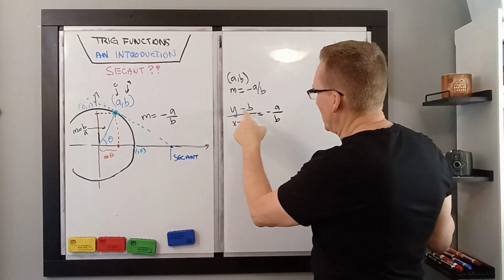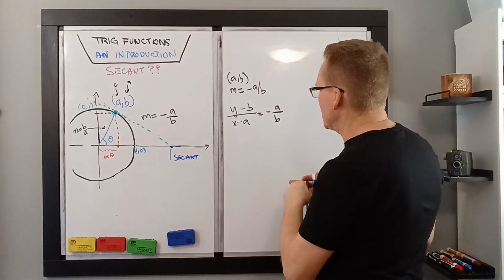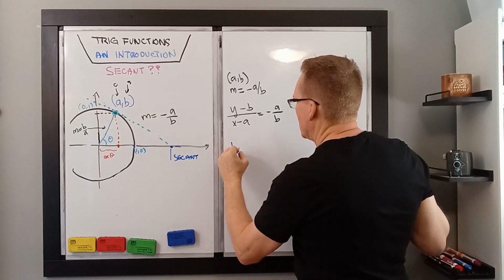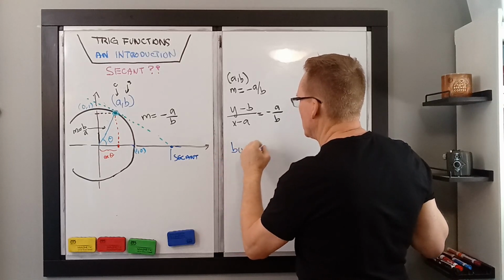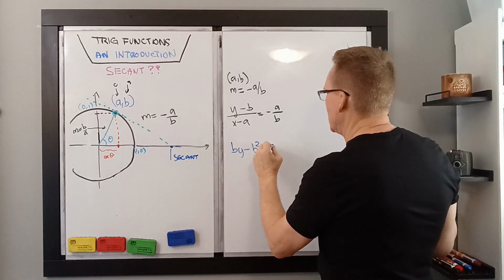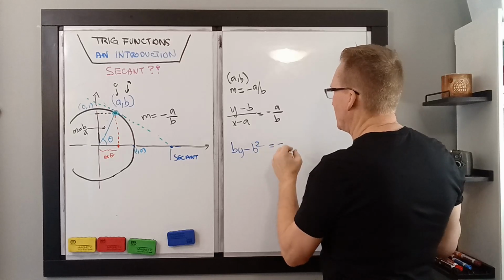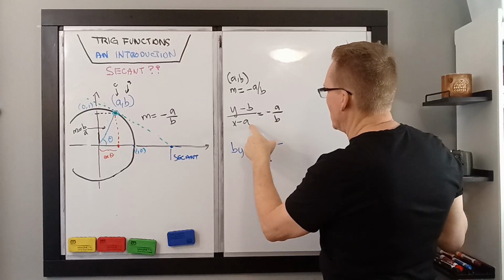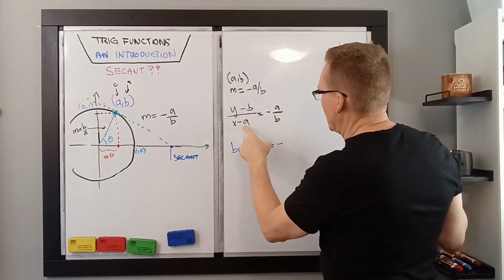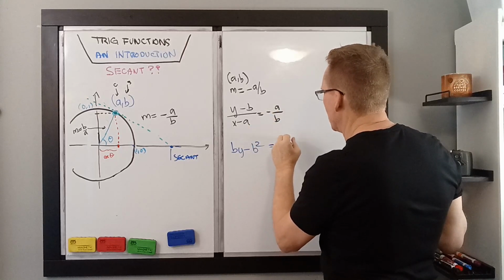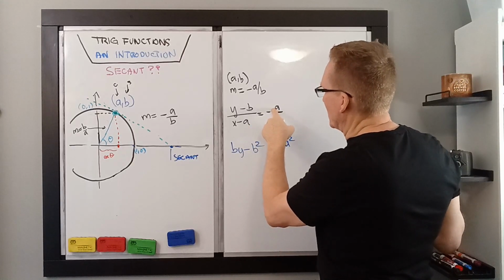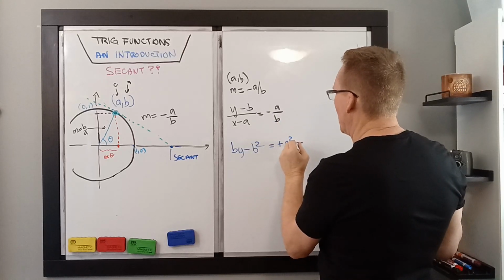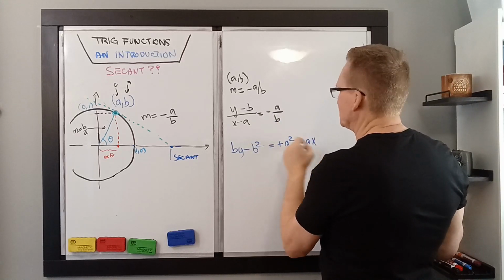Now we cross multiply, and I'm going to get by minus b squared, that's this times this, is equal to negative, I have to have the negative somewhere, so I'm going to keep the negative with the a here. So it's going to be negative times the negative, it's going to be positive a squared, because I'm going to keep the negative with the a, not with the b. So that's a squared, and then it's going to be minus ax.